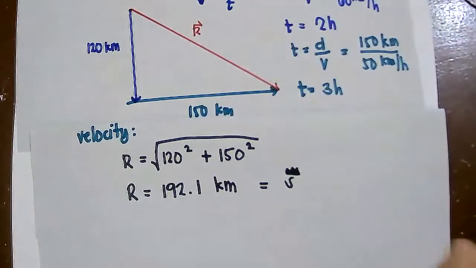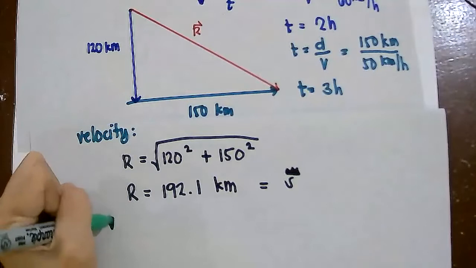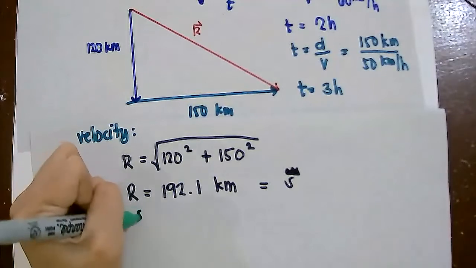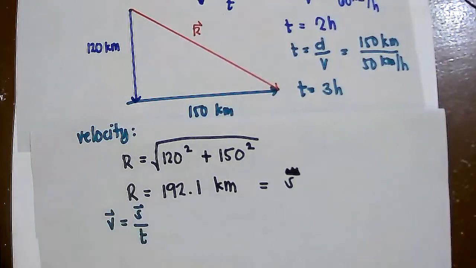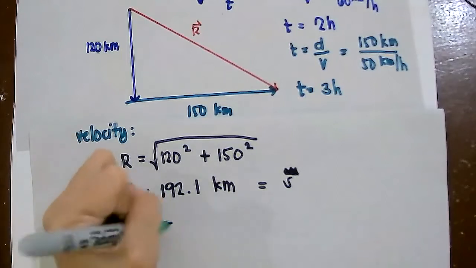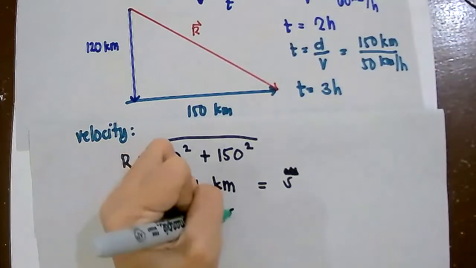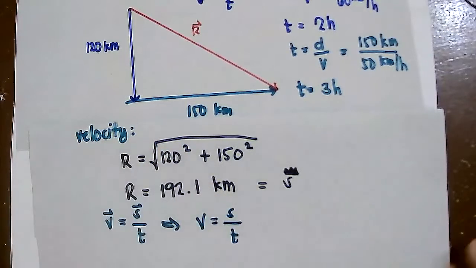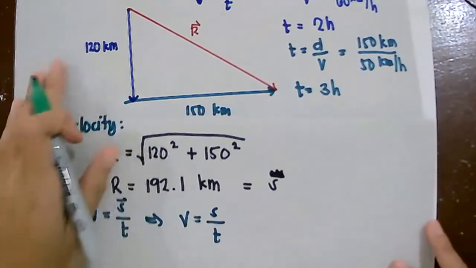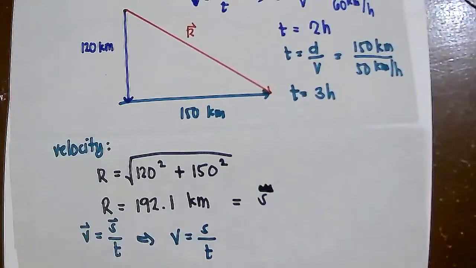Now, for your velocity, that's v is equivalent to s over t. Since we are only looking for the magnitude, we can write this as v equals s over t, without direction. Magnitude lang siya.